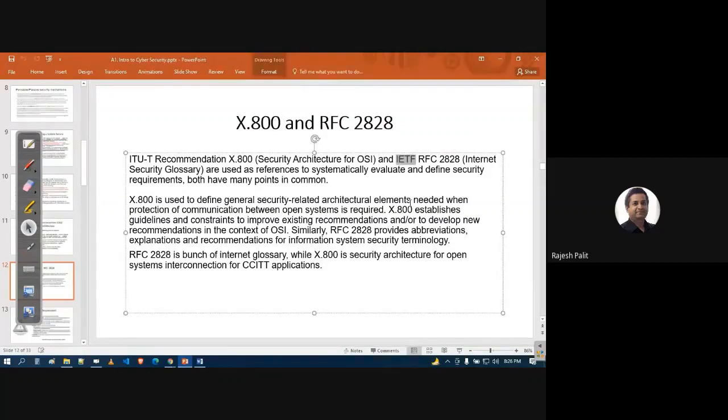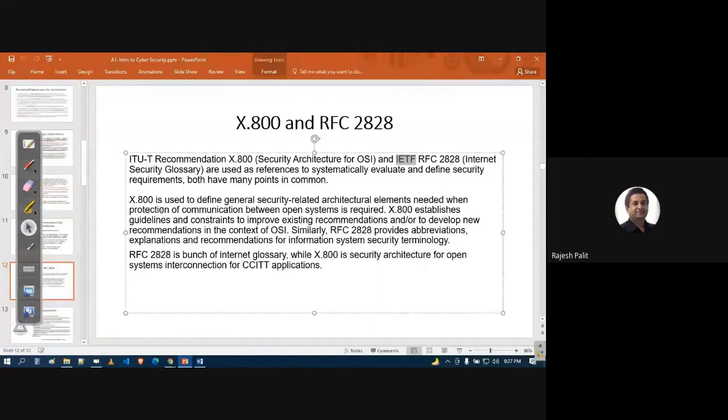So the two organizations, the International Telecommunication Union and the Internet Engineering Task Force, are the highest bodies for making standards for the internet and for telecommunication. They have developed these papers for security.